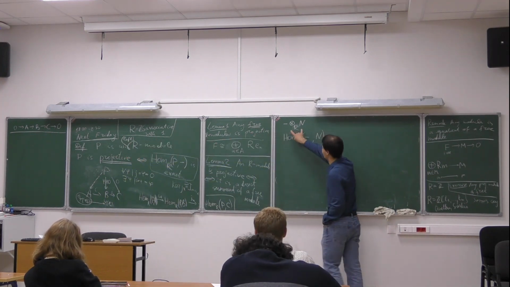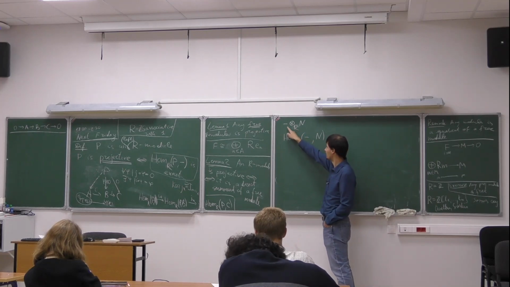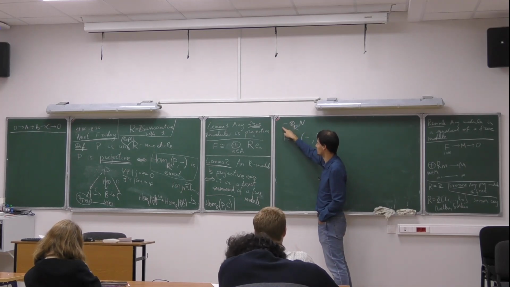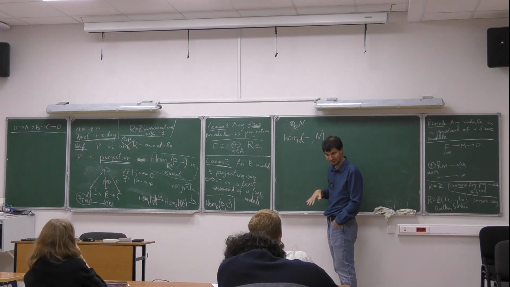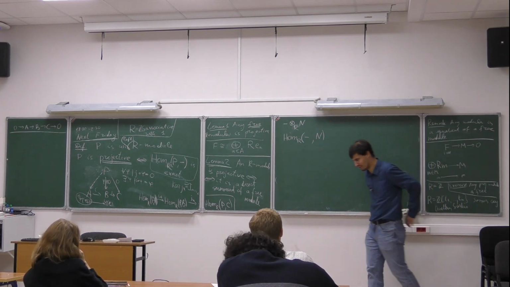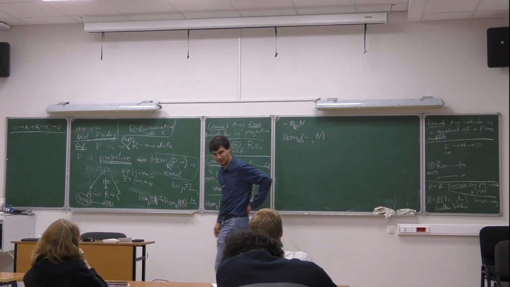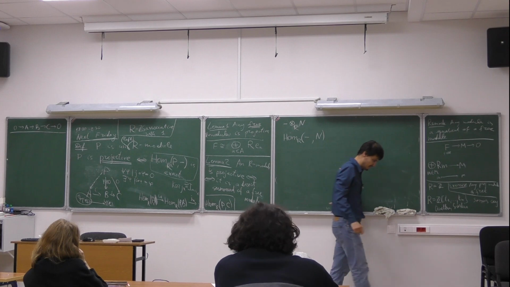Of course, if I work over any associative ring, I must assume that this module is right. But if I work with a group ring, I can always consider all arguments to be left modules, as we discussed in the previous lecture.